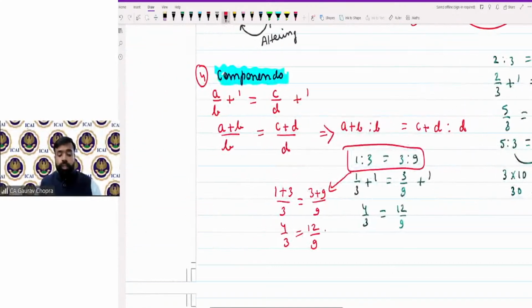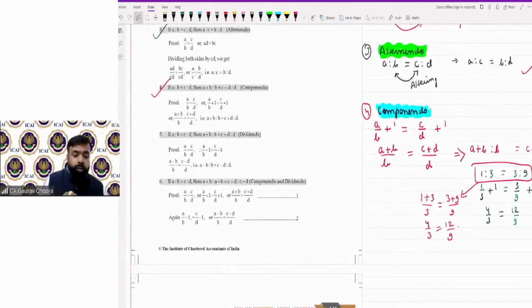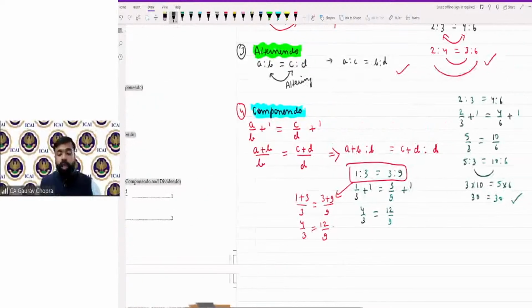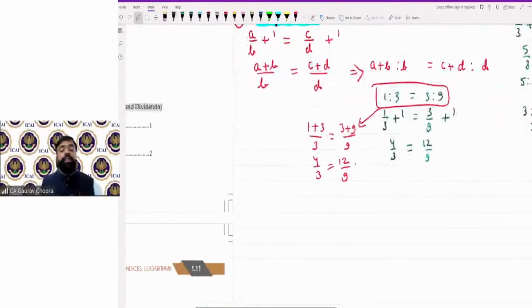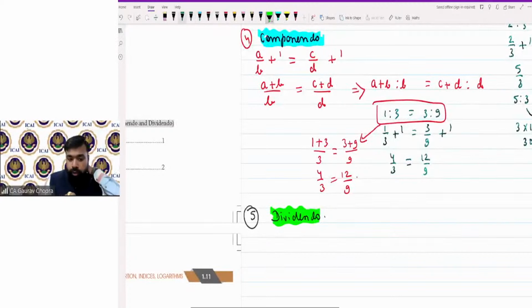So this was the fourth property, componendo. Then let's move towards the next property, which is dividendo. तो componendo में हमने प्लस किया था, dividendo में हम सब्ट्रैक्ट करेंगे. So dividendo. A by B minus 1 and C by D minus 1.